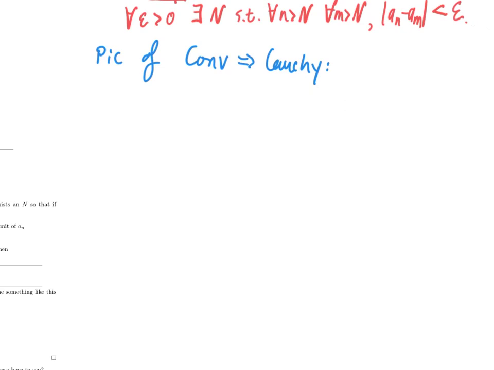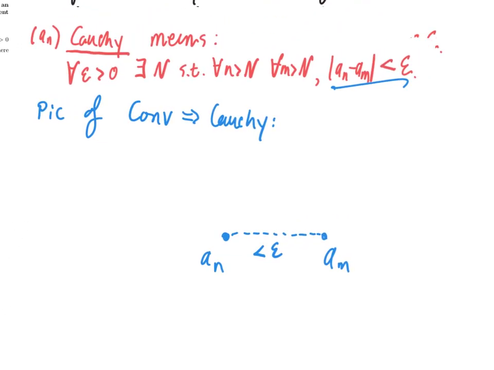So, by picture, I mean literally I'm going to draw a triangle. There's a sub n, there's a sub m. I would like the distance between them to be less than epsilon. If I'm trying to show that a thing is Cauchy, then there's the conclusion that I need.